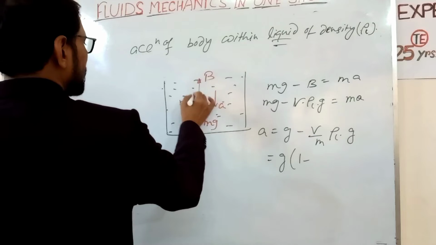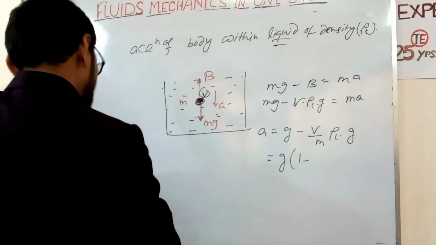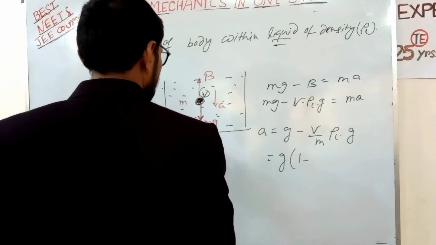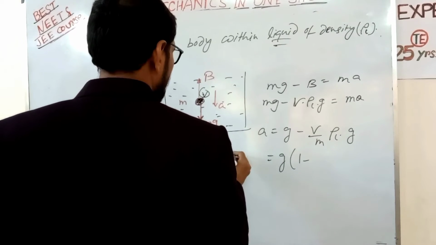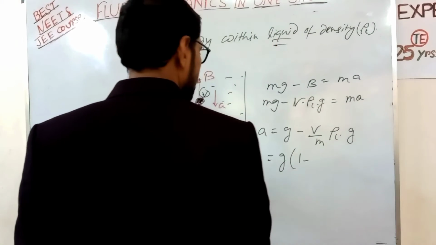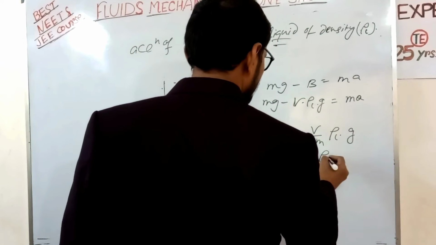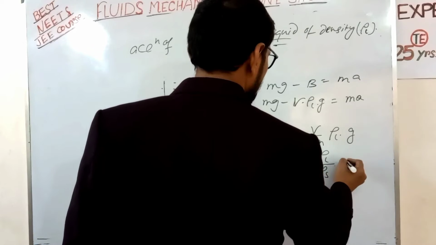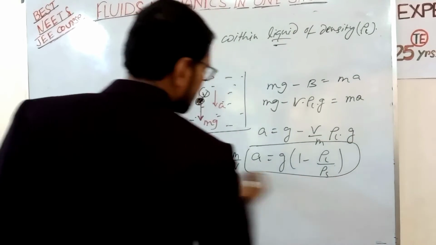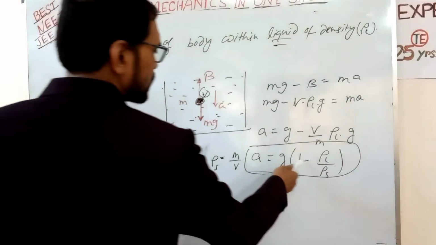Density rho equal to mass by volume, so v by m equal to 1 by rho s. So rho L by rho s. So this is the answer: acceleration of the body within the liquid equal to g into 1 minus rho L by rho s.